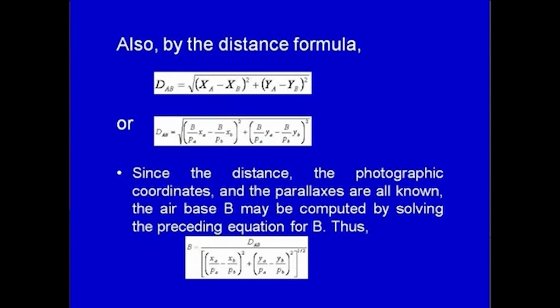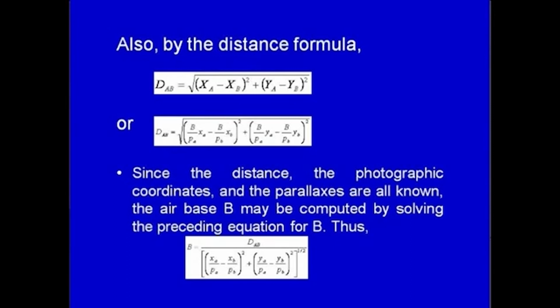By substituting these values, it yields the equation as given below. D is equal to under root of B divided by P a multiplied by x a minus B divided by P b multiplied by x b whole square plus B divided by P a multiplied by y a minus B divided by P b multiplied by y b whole squared.